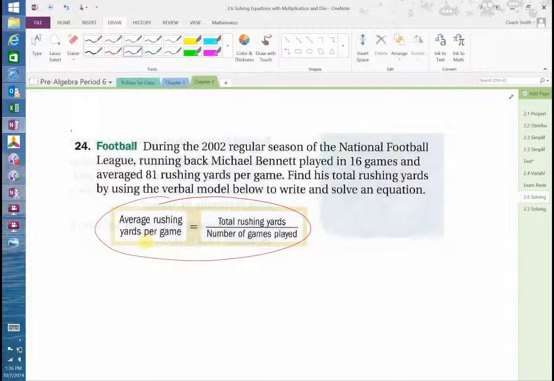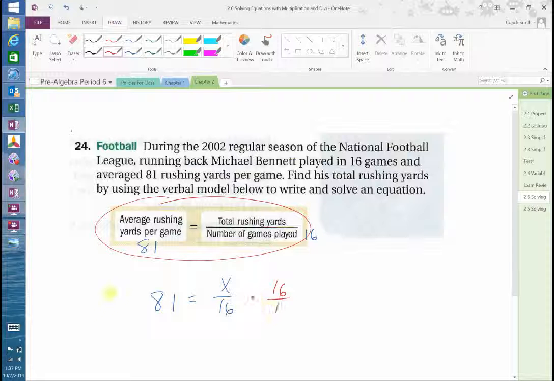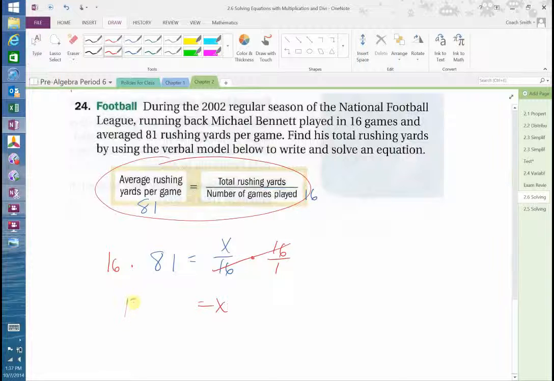His average was 81 and his number of games was 16, so you have the equation 81 equals x over 16. We solve that by multiplying both sides by 16. The 16s cancel, leaving x. 16 times 81 is 1,296 yards.